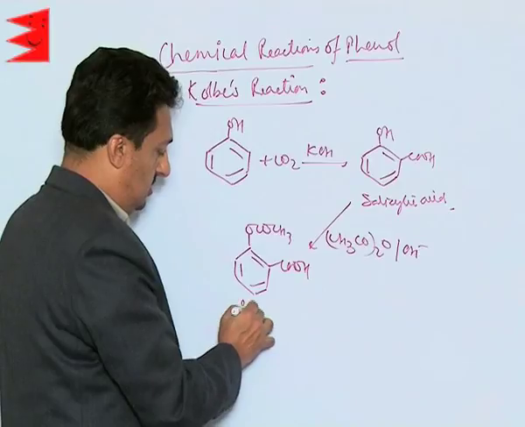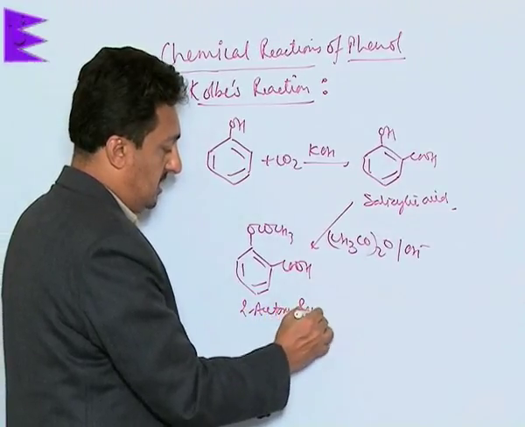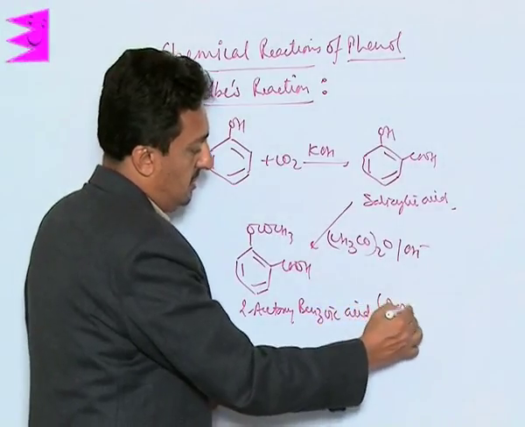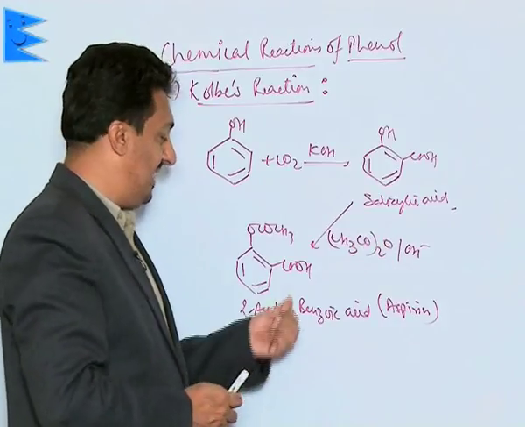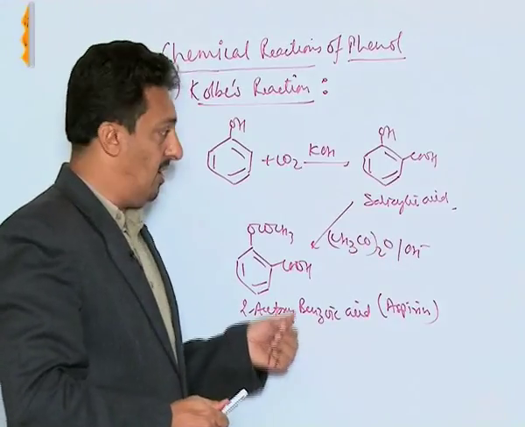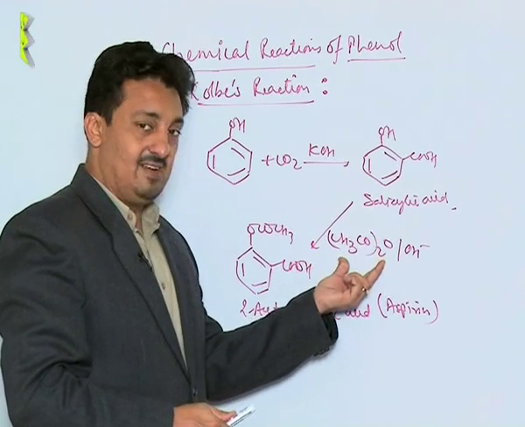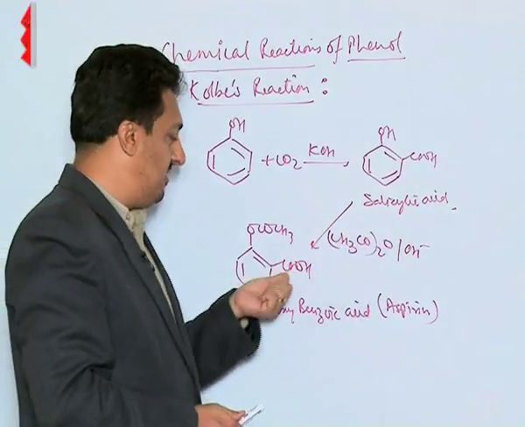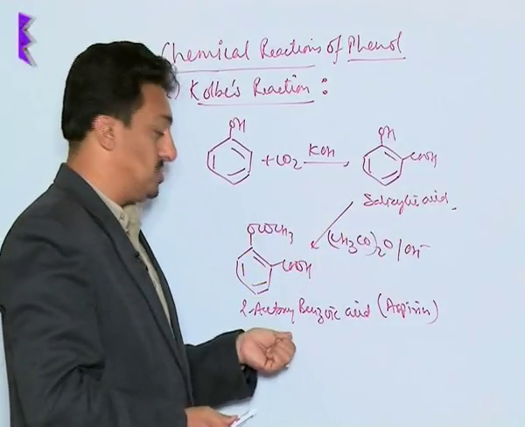This is called 2-acetoxybenzoic acid, called aspirin. So this is one of the products of salicylic acid, which I have told you how it can be prepared by treating it with acetic anhydride. Since it's an acid derivative, it is going to react only with the OH group, not with the acid group. In basic medium, it results in the formation of 2-acetoxybenzoic acid, with an ester group and an acid group.